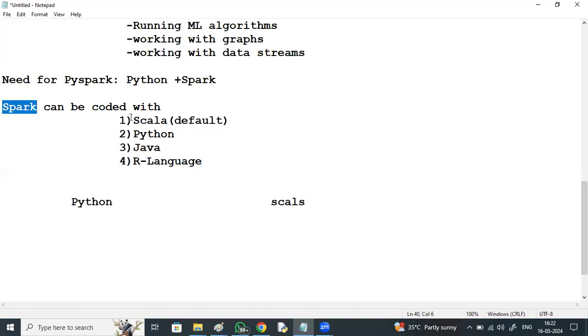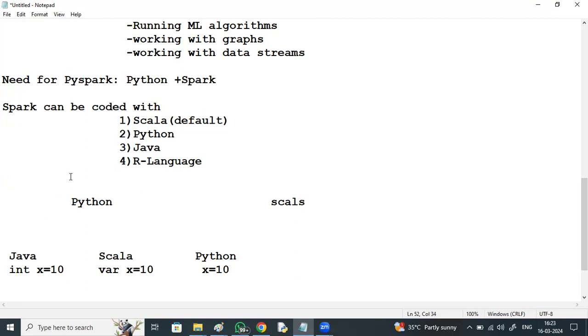Only the coding changes, whether using Scala, Python, Java or R. For example, to define a variable: in Java, int x = 10; in Scala, we use var x = 10; in Python, directly x = 10.